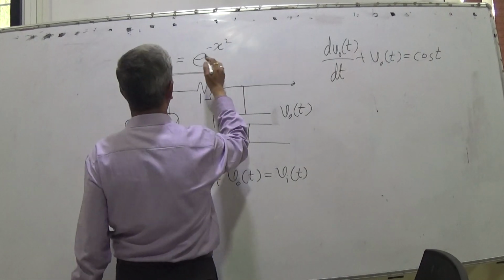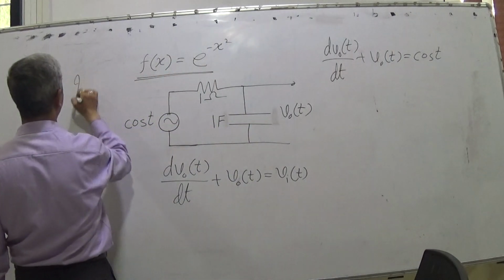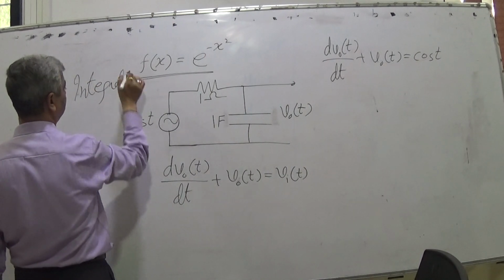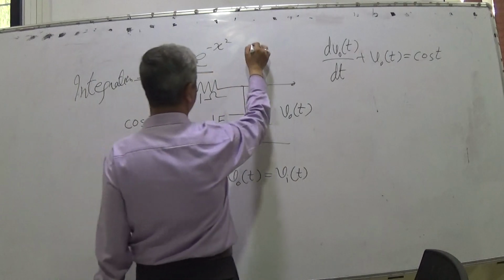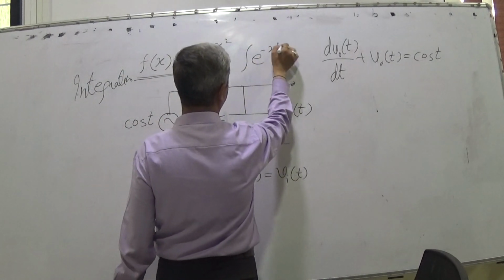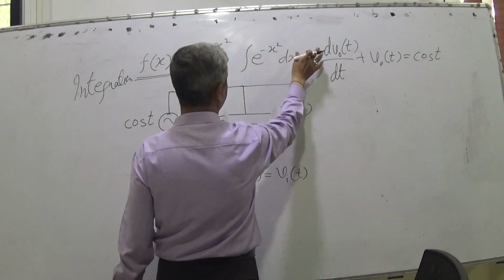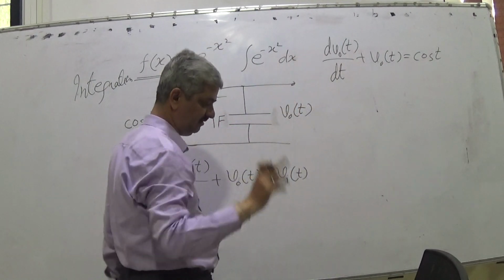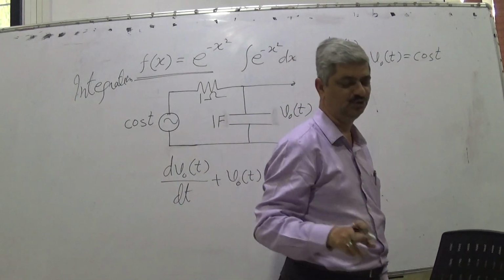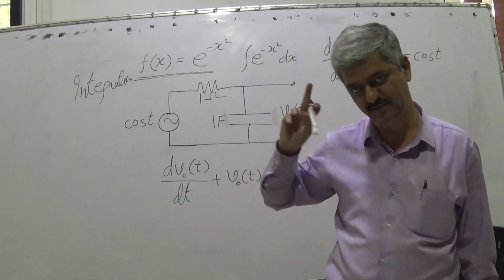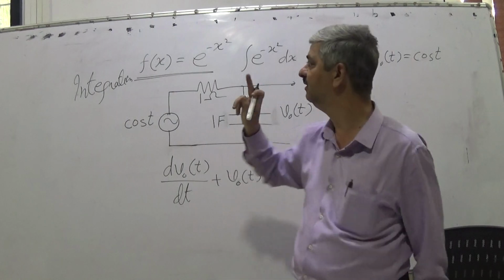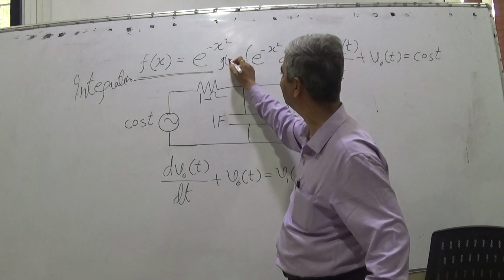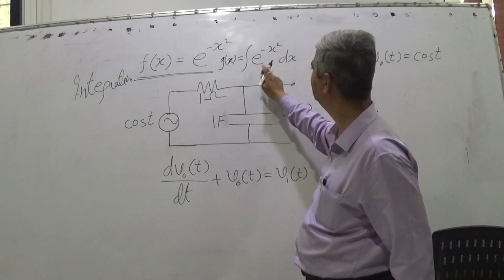You find out its indefinite integration. So the task is to find the integral of e raised to minus x square dx. This is homework, and those who find the solution should tell me on WhatsApp. What would be that function g(x), which would be the integral of e raised to minus x square dx?